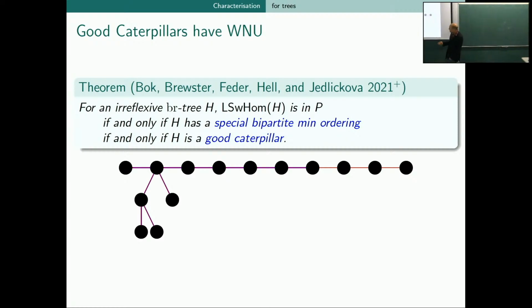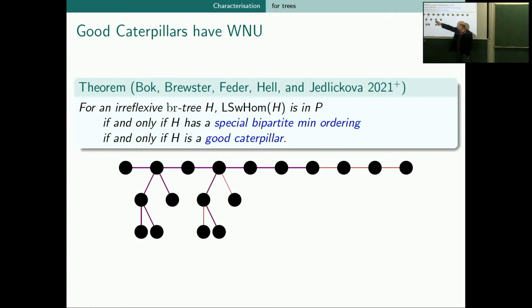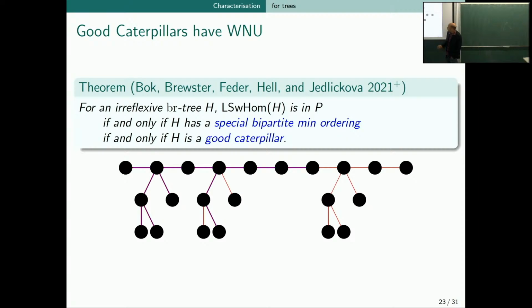And we can remove the blue edges from some of the leaves. And the trees here have to be red. So basically, a good caterpillar has a spine, and trees of depth at most 2 from each vertex. The ones off these purple vertices can have purple, and then we can remove blue edges from leaf vertices. And so this is exactly a description.